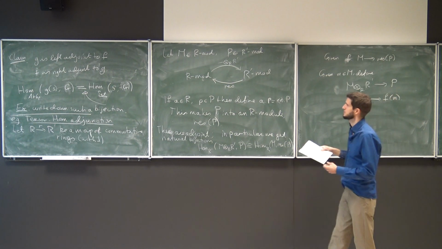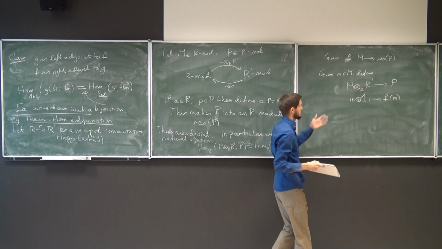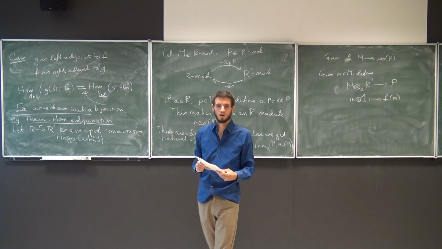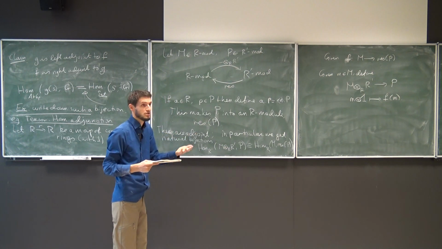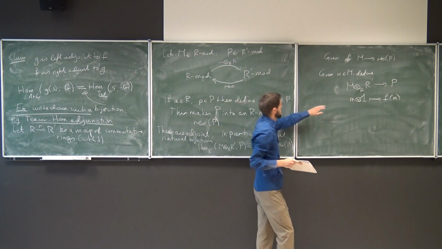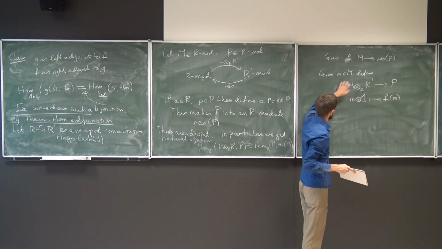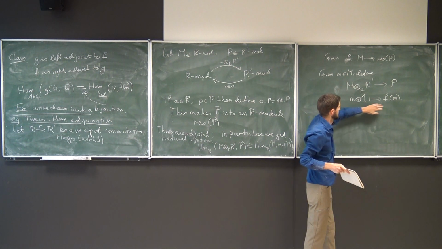Notice that this restriction of scalars, as a set, res of P is just the same set as P. All I've done is change the ring over which it is a module. But as an abelian group, for example, it's really the same thing. So given any little m in big M, I send m tensor 1 to this thing.